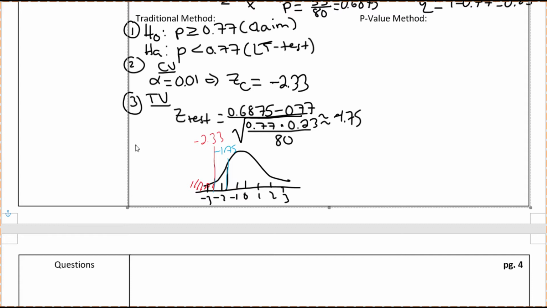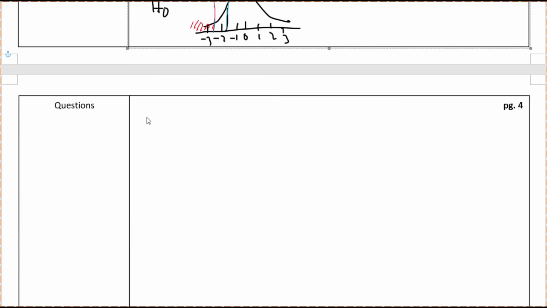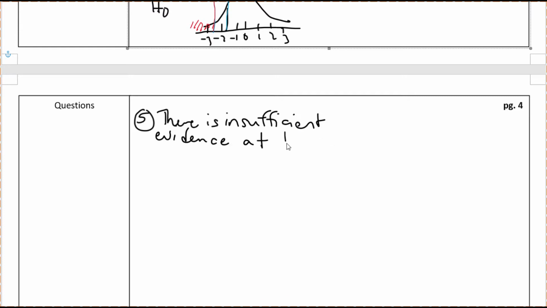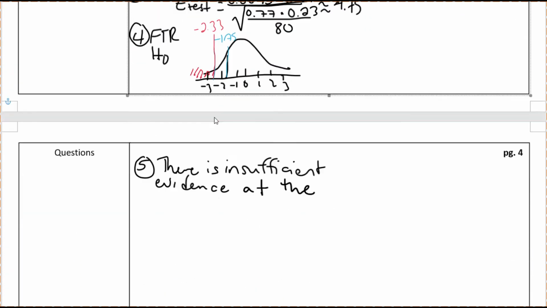So step 4, we're going to fail to reject the H0. So then in step 5, we'll just say, for our summary, there is insufficient evidence, or there is not enough evidence, and we're talking about the 1% level.